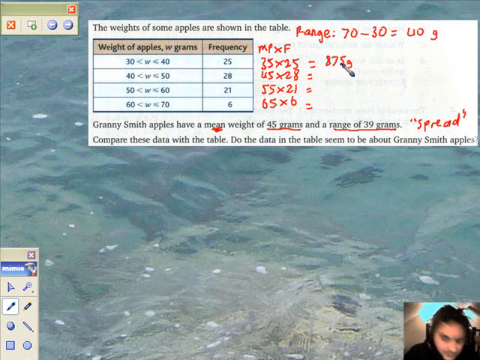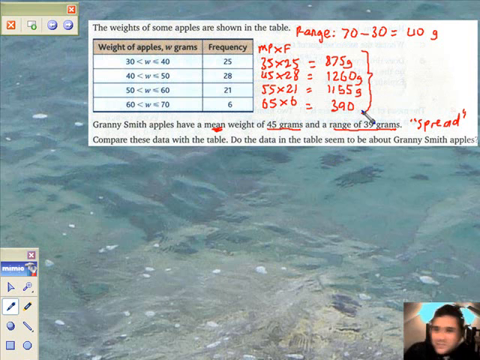The next little batch, 45 gram apples multiplied by 28, that gives us 1260 grams. 55 times 21, they're getting big now, these things, 1155 grams. And 6 lots of 65, these are whoppers, 390 grams. It's getting a bit messy, hope you can bear with me.